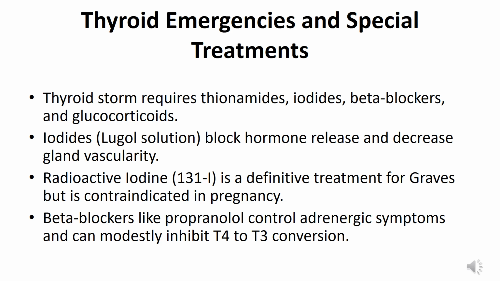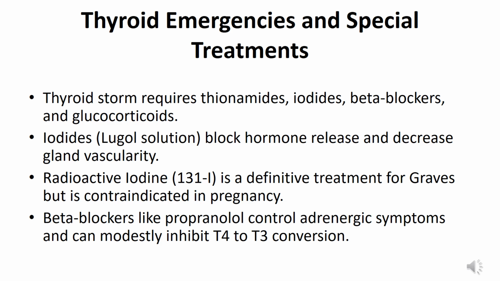Another important therapy is iodide administration, commonly given as Lugol solution or potassium iodide. Large doses of iodide temporarily block thyroid hormone release from the gland through a mechanism called the Wolff-Chaikoff effect.